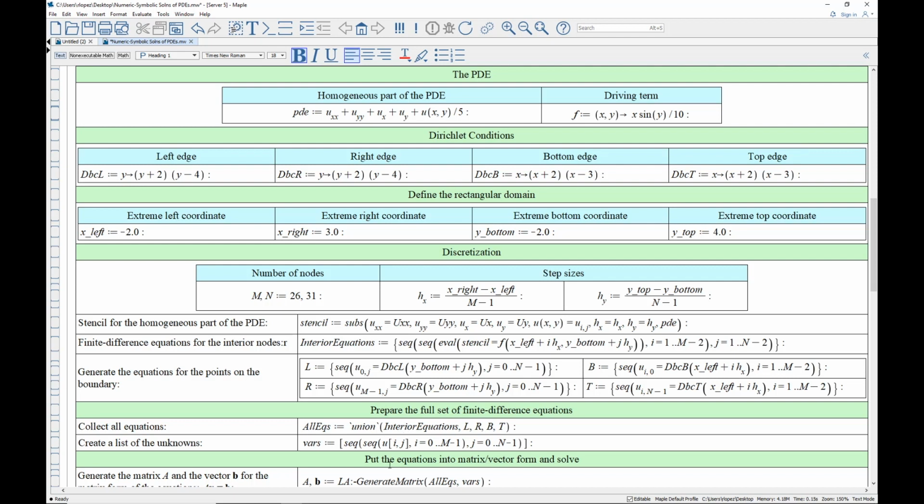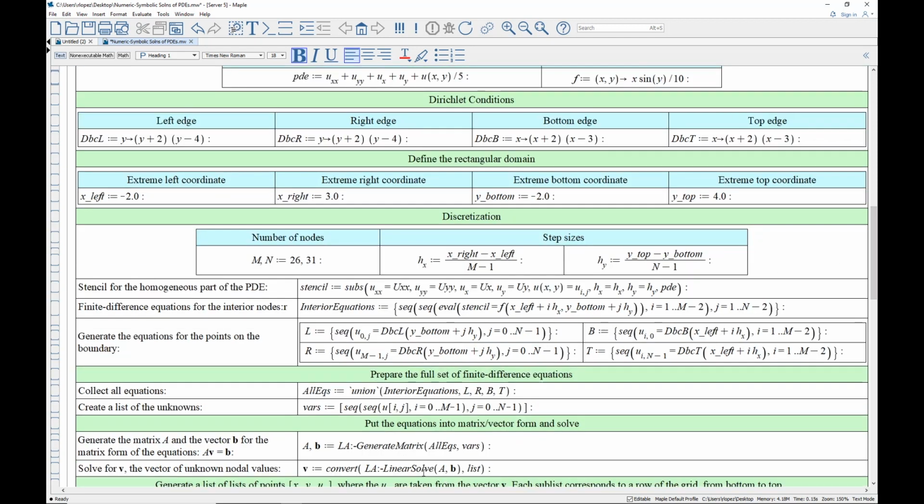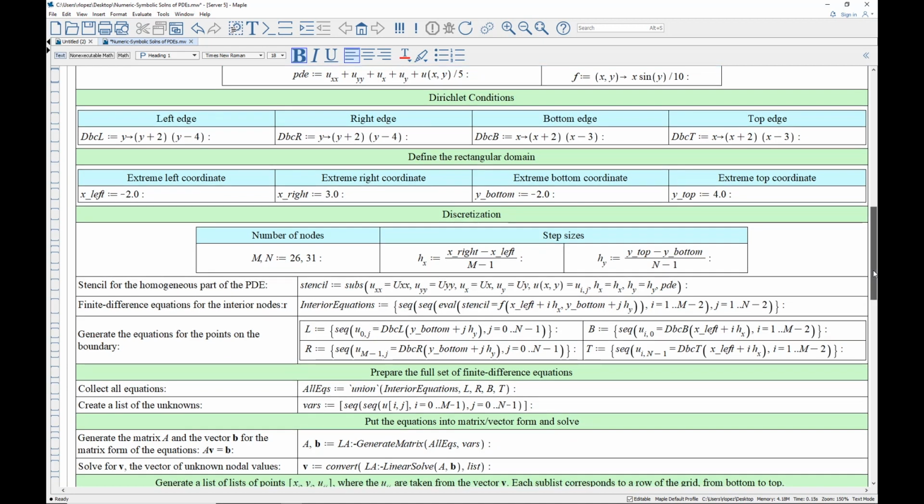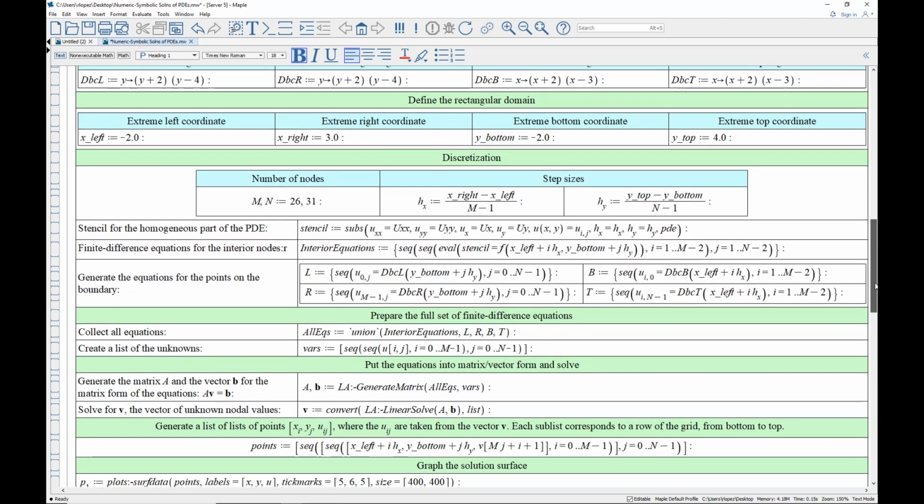If you use Maple's linear algebra command GenerateMatrix, you give it all the equations and all of the unknowns, and it creates the matrix and the vector of unknowns. Use LinearSolve, and there's no need to worry about the indexing on the unknowns. Okay, then you make a bunch of points so that you can draw a graph.